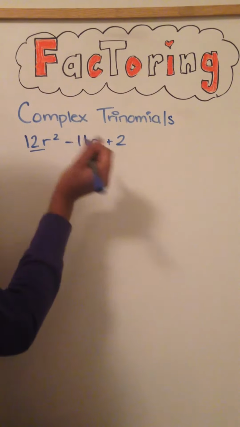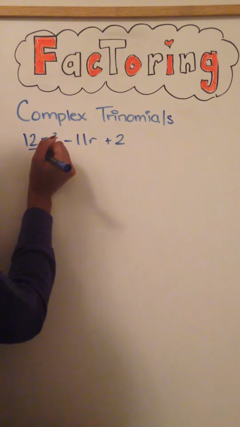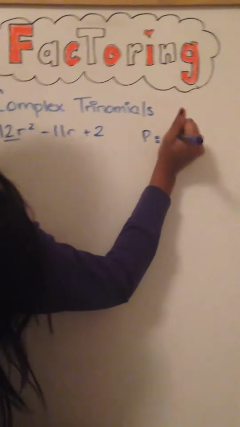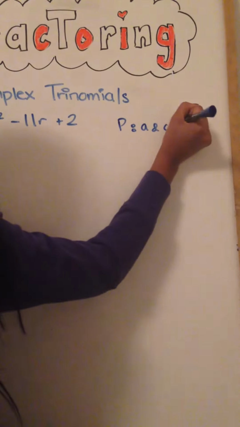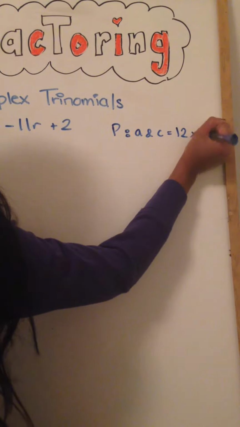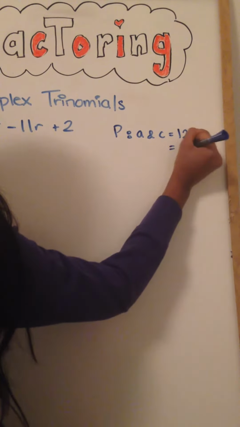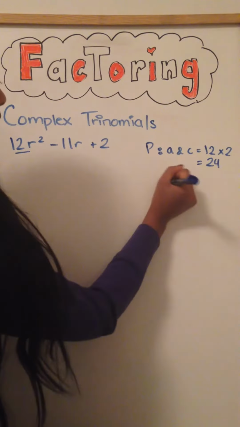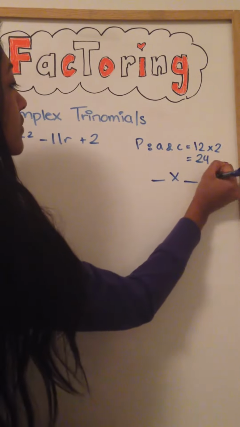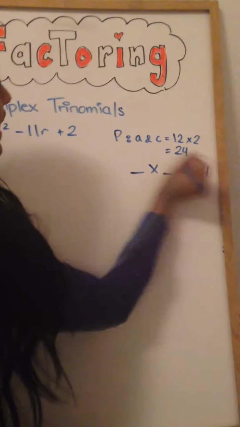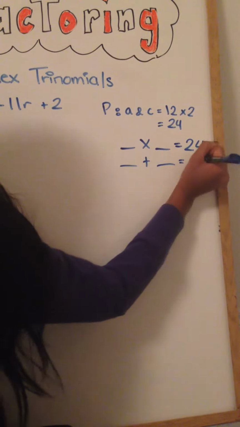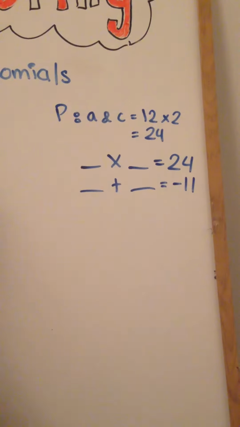In a complex trinomial, you have to get the product of the a and the c. So in this case, the product of a and c is going to equal 12 times 2, which is 24. Now you have to find two values that equal the product of a and c, but also add to negative 11.